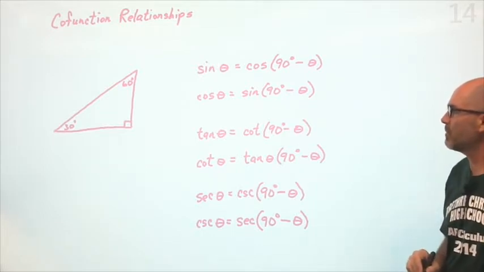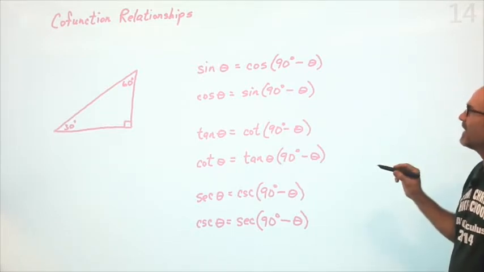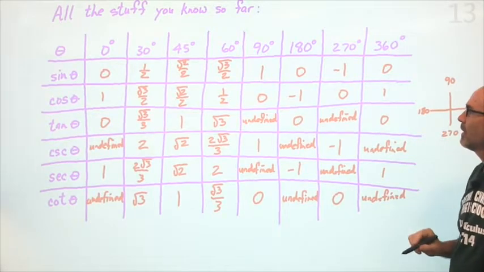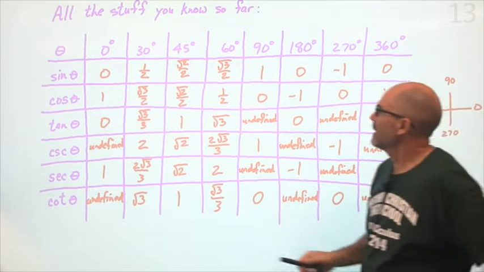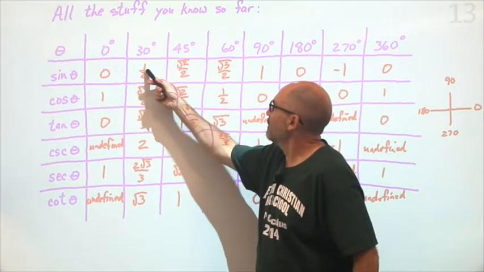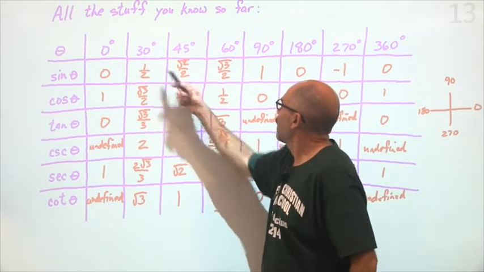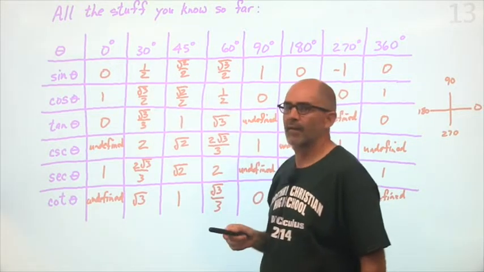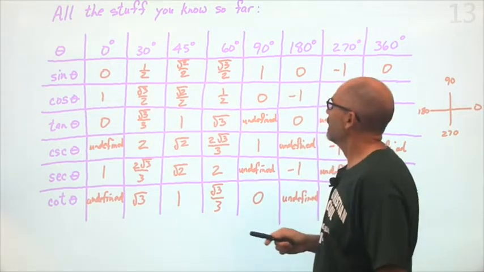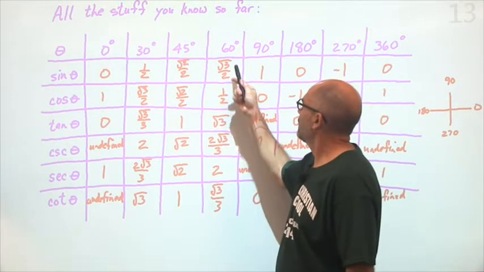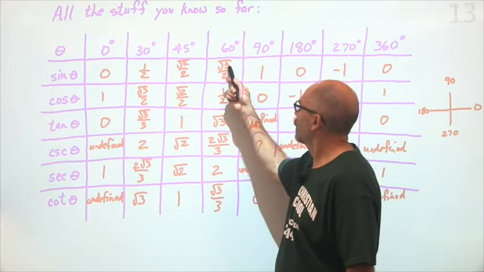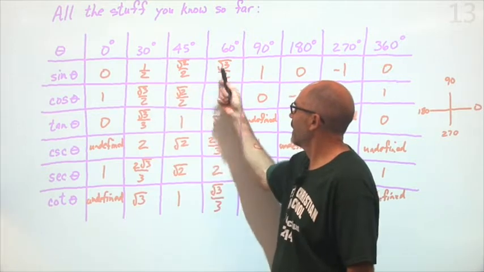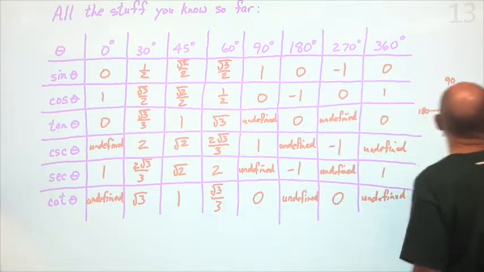Cofunction relationships. You may have seen that if you're observant back here. Notice that sine of 30 and cosine of 60 are the same thing. And sine of 60 and cosine of 30 are the same thing. Why is that?